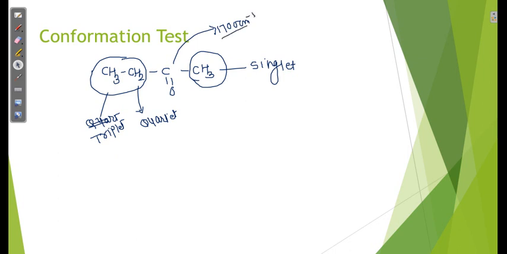So this is the confirmed structure. We are very happy to find the structure. I hope you enjoyed it. We will see many more spectra.